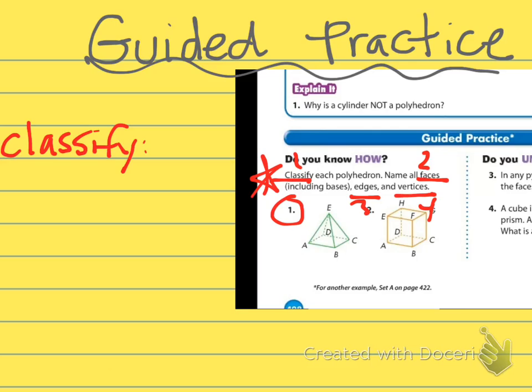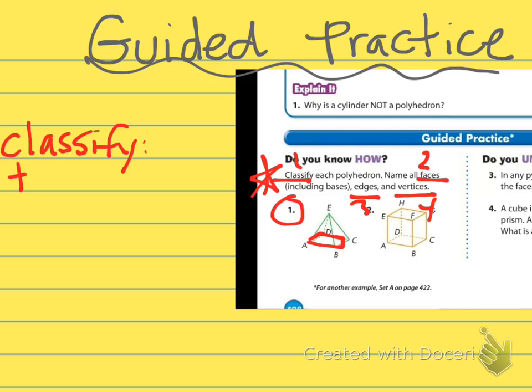No, I don't have 2. The base here is a rectangular shape, so I don't have 2 of those. It can't be a prism. And a pyramid has 1 base. There it is. Ding, ding, ding. So we're going to classify it as a triangular pyramid.